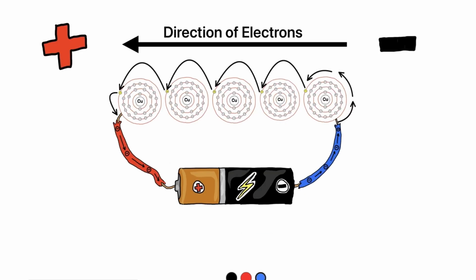For this example, we connected a copper wire to a battery. This side is the positive side of the battery, and this side is the negative side. Let's name our copper atoms: copper atom number 1, number 2, number 3, 4, and 5.